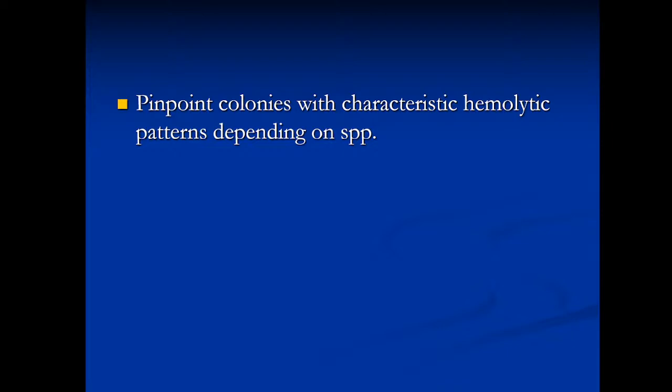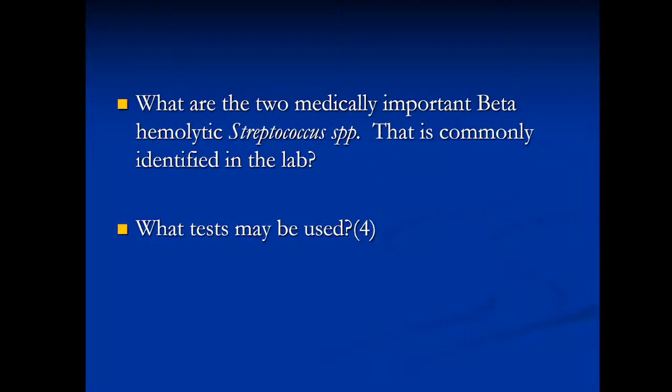Okay, so now let's move on to the two medically important beta hemolytic strep. We have Streptococcus pyogenes and Streptococcus agalactiae. Again, Streptococcus agalactiae is actually alpha hemolytic, but because of the 24-hour incubation period, they are classified as beta hemolytic strep under the Brown classification.